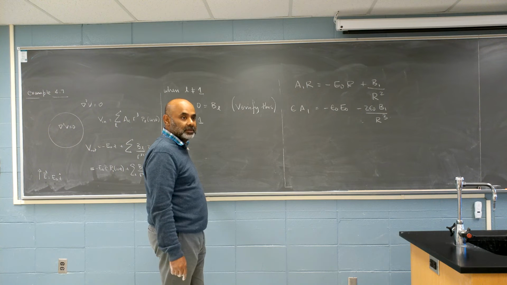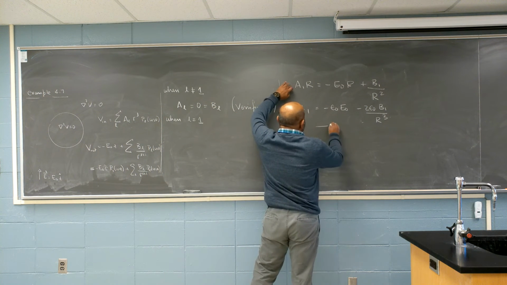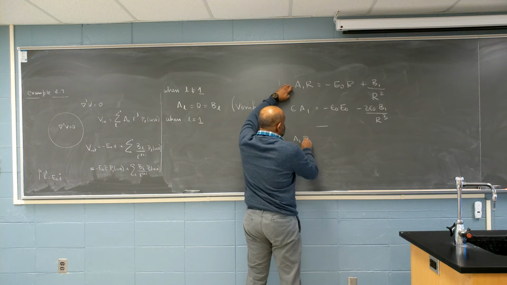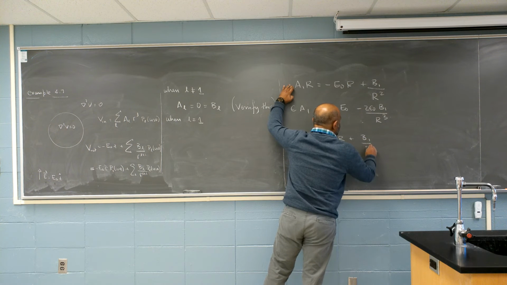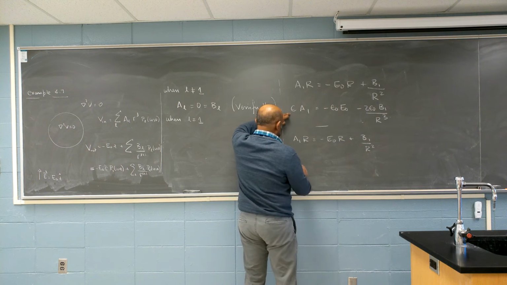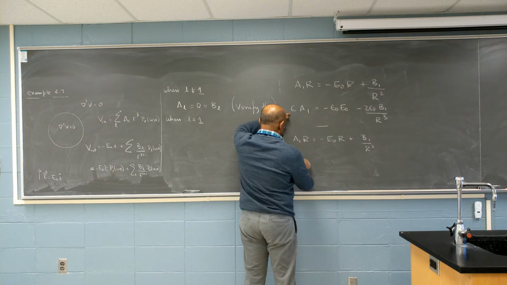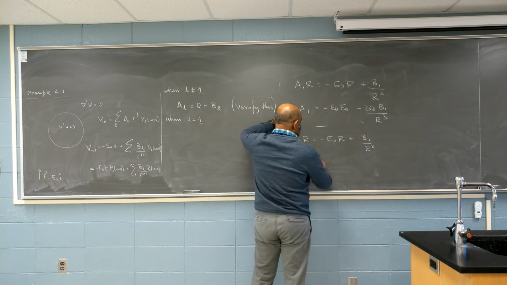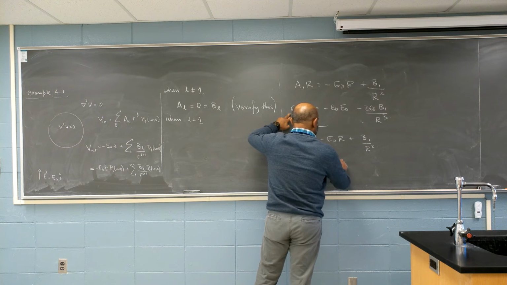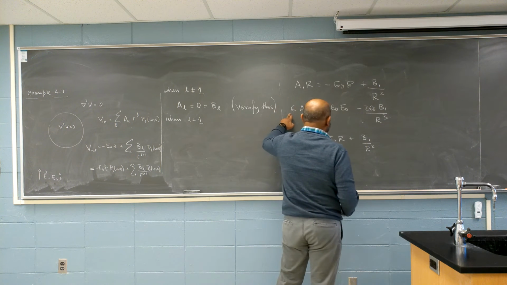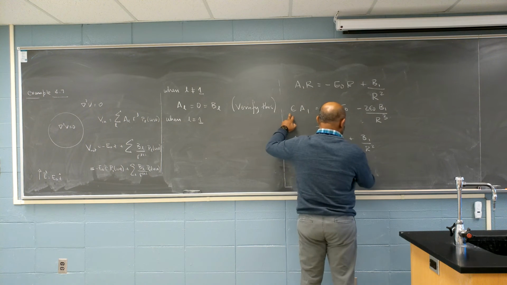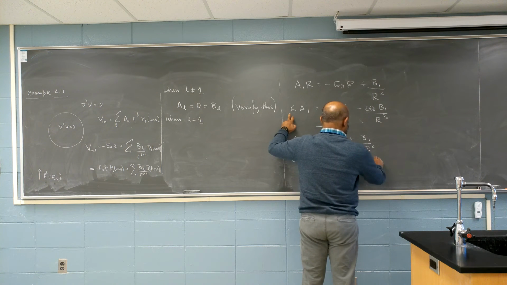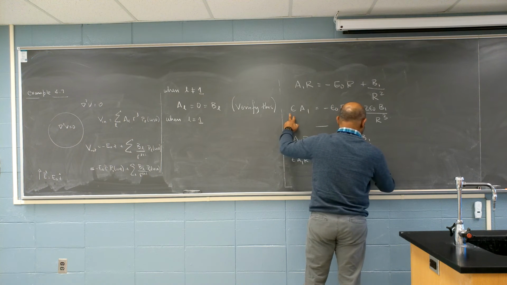These are simultaneous equations. These are the original equations, I won't mess with them. Let me rewrite this: A1 R equals minus E0 R plus B1 over R squared. Then I'm multiplying by R, so I get minus epsilon naught E0 R, and I would get minus 2 epsilon naught B1 over R squared.